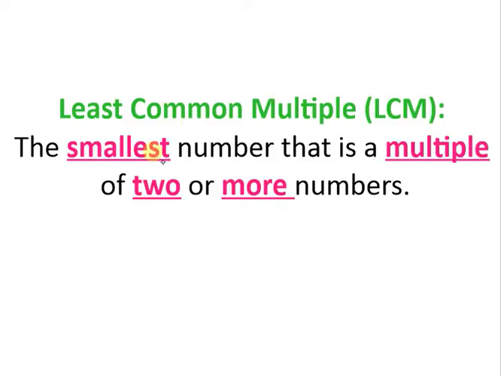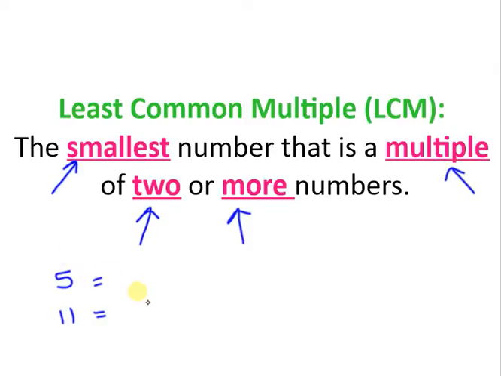So what is a least common multiple? The least common multiple is the smallest number that is a multiple of two or more numbers. I want to show you an example of that. Here I have the number 5 and the number 11. With greatest common factor, we would break these down into factors, numbers that would go into them.